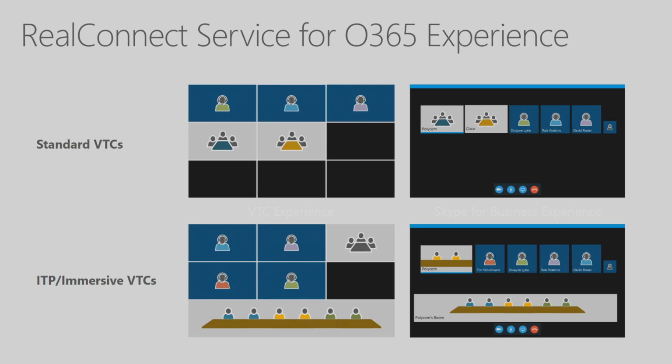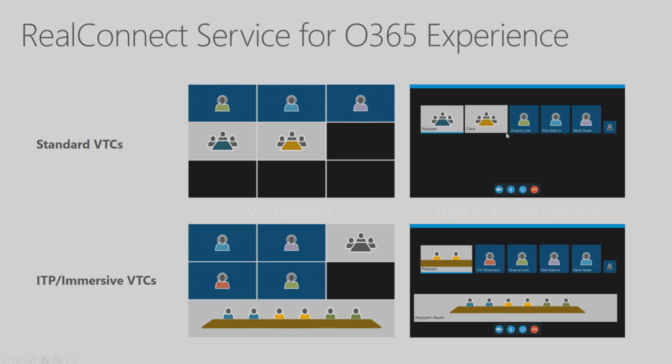If we went over a certain number of endpoints, those endpoints would start to display in the sitting row, and they could be pinned or promoted to the gallery view if that was required. So this is what the people on those standard VTCs see. They see the Skype for Business users in one of those little Hollywood squares, or whatever they call it. They see the other rooms in one of those blocks.